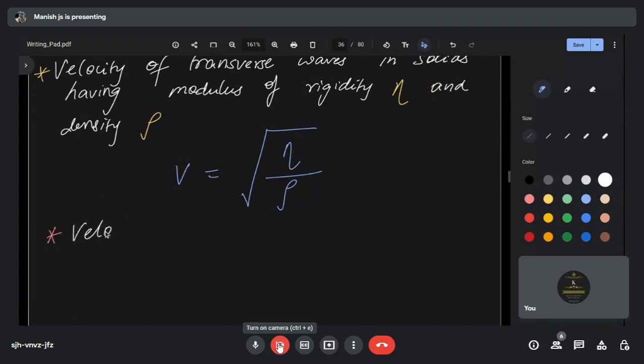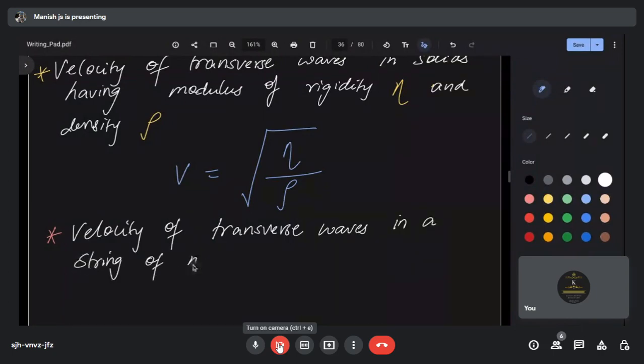Velocity of transverse waves again, in a string of mass m and tension T. Tension, I hope you know, the tension force.